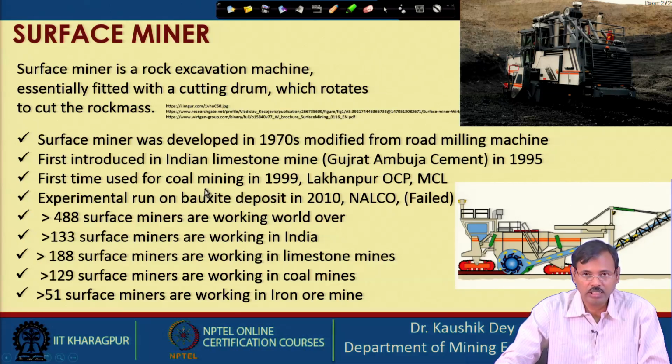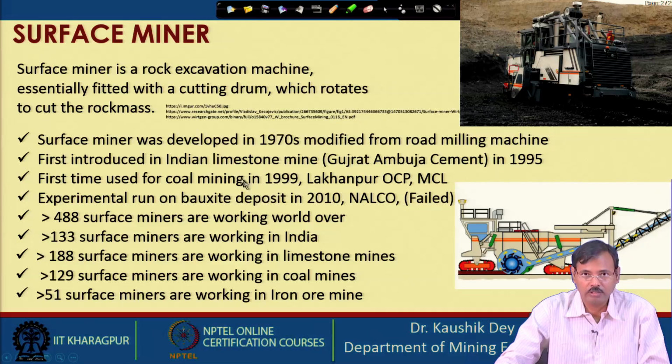Later on, in 1999, it was deployed in coal mines. First it was deployed in Lakhanpur open cast project of Mahanadi coal field, on an experimental basis, because in that particular mine blasting was prohibited because of the close proximity of inhabitants.